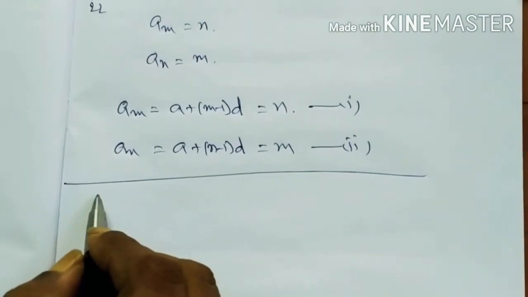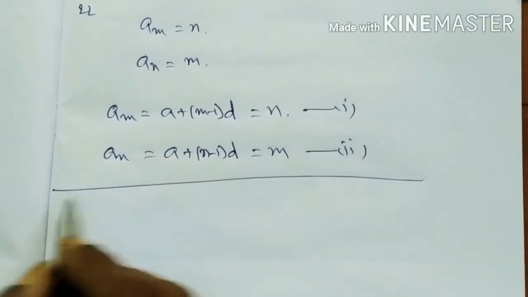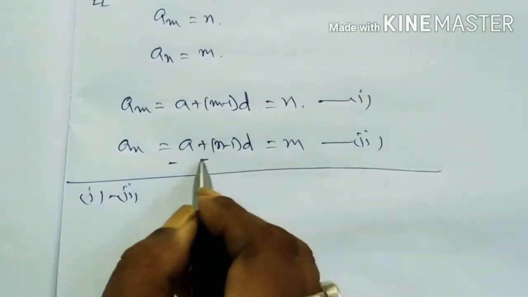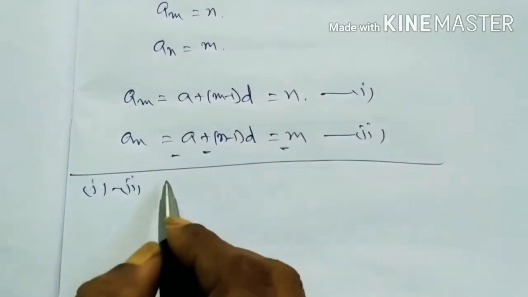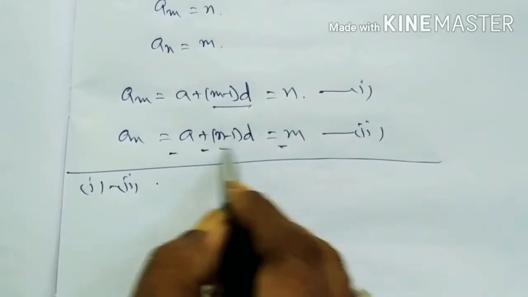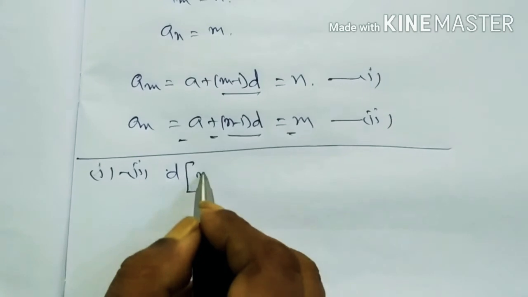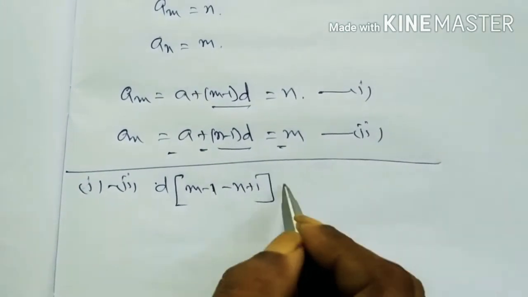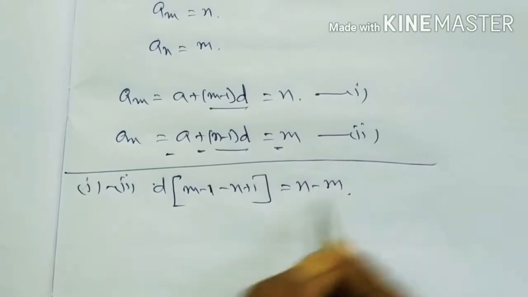Now I am going to simplify, that is 1 minus 2, here the signs change. Now a cancels out, d is common here, so (m minus 1 minus n plus 1) d is equal to n minus m.